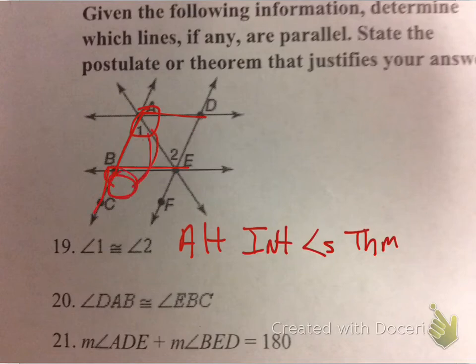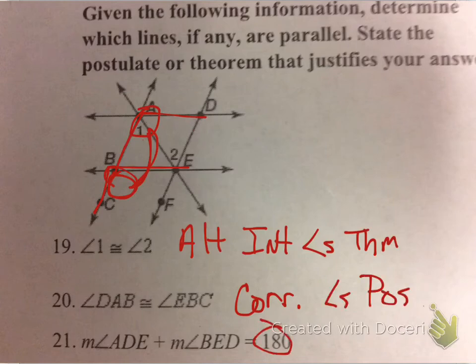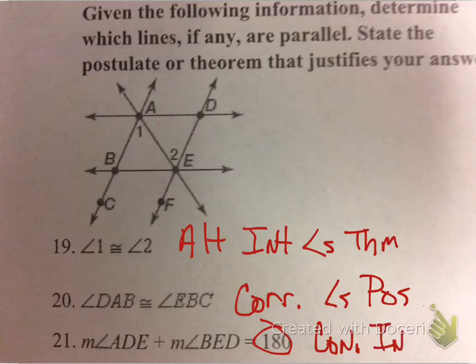Those two are corresponding angles, so then I would use corresponding angles. And that's technically a postulate. And then the only one that has about being 180, supplementary, is the one about consecutive interior angles. So even just by seeing that, you should be able to get that one. So consecutive interior angles. And that is a theorem also. So you can kind of see how that works, and that should hopefully make that a little bit easier.